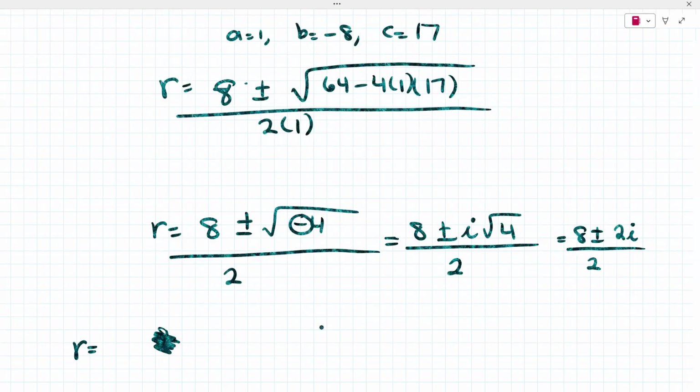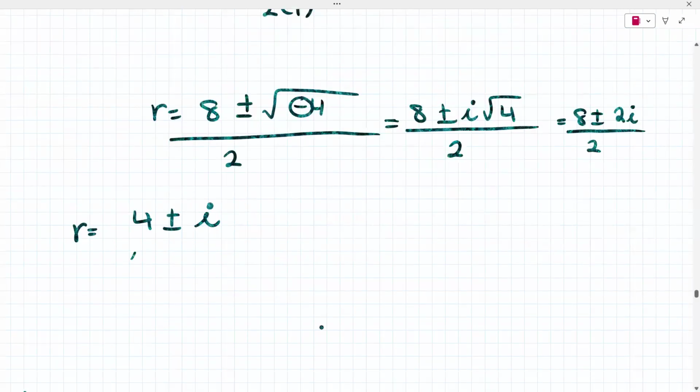So that is going to be 8 divided by 2 is 4, plus or minus i. Okay, so your 4 is your alpha, and this one i is your beta.